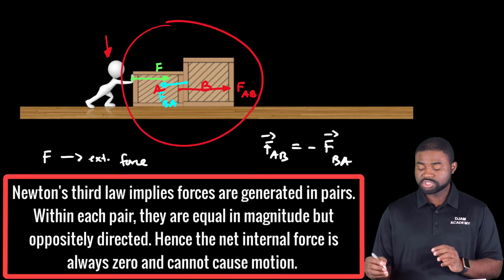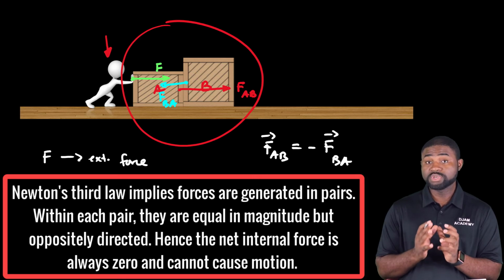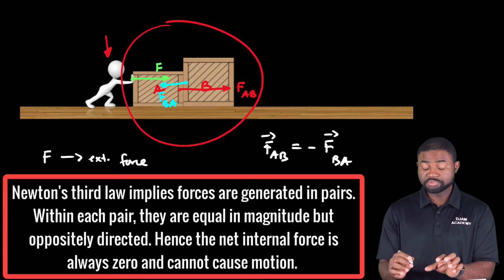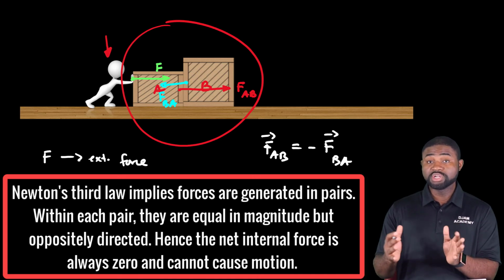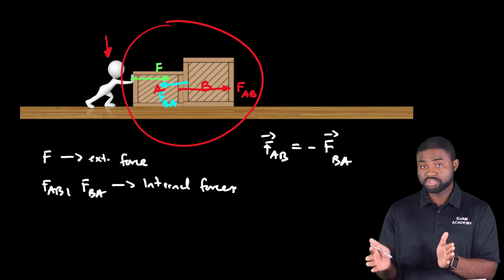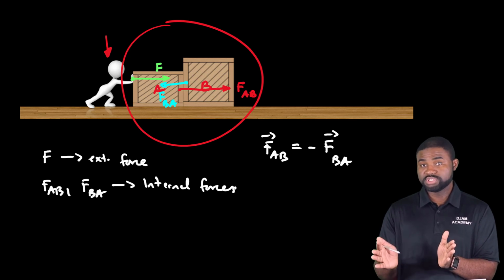This means that the sum of all internal forces acting on the system always cancel out each other. Therefore, for this system to be able to move from one point to another, it can only do so under the influence of external forces.